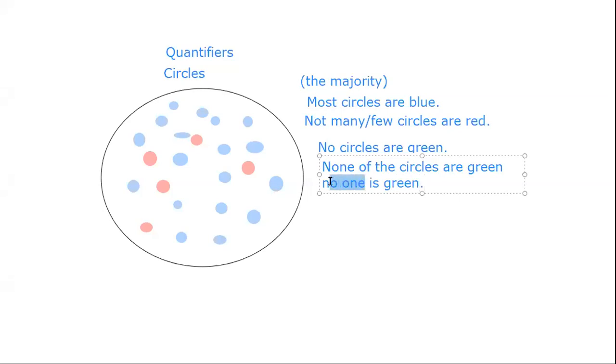But this is for people, so it's kind of not common, because no one is for people. No one is green here. But you understand, we have different ways to say that. Like no one is green. Okay? Good. So that pretty much is it. Thank you.